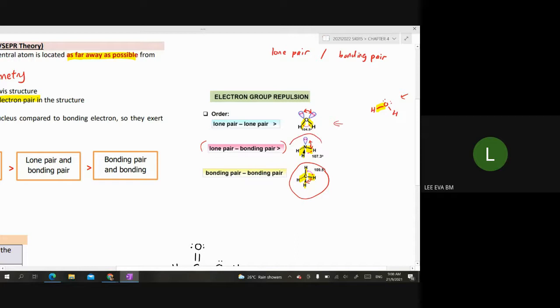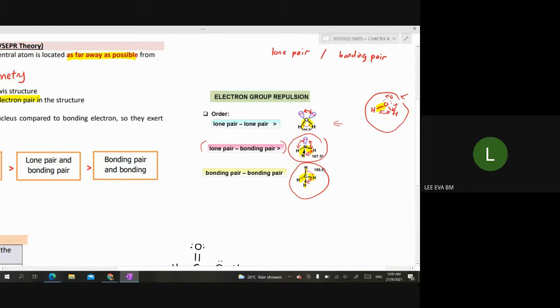If you look at NH3, there's two type of repulsion: between lone pair, bonding pair, and also between bonding pair. Whereas you look at the structures for our H2O, dia ada 3 jenis semua. Repulsion between lone pair, repulsion between lone pair, bonding pair, and repulsion between bonding pair.